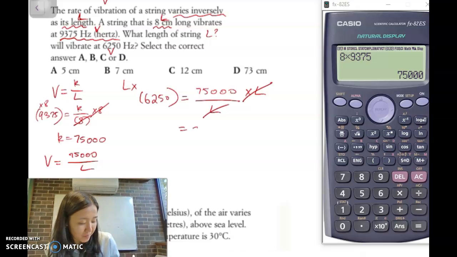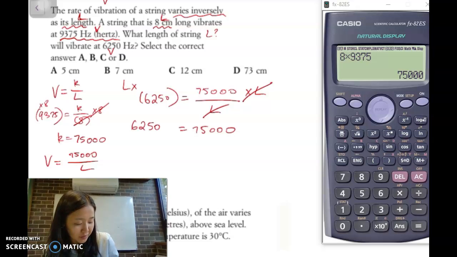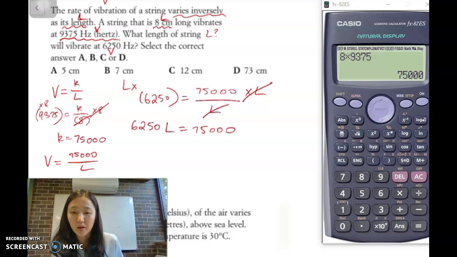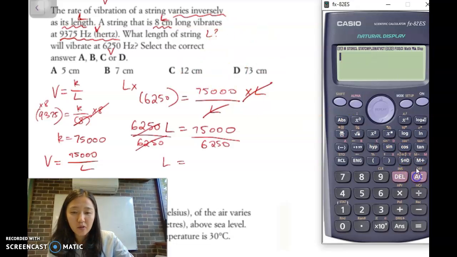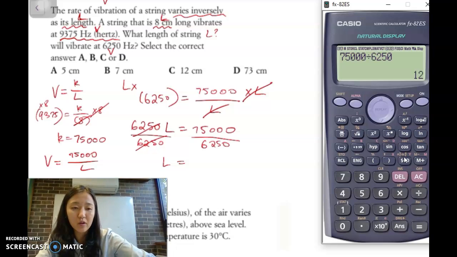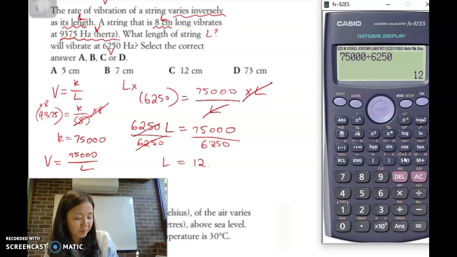And I'm left over with 6,250 L. Then my next step would be to divide out the number in front of the L, which is 6250, divided by 6250 on that side too, and that'll give me my L. So that would be 75,000 divided by 6250, which is 12.